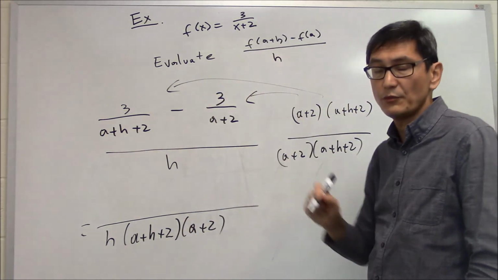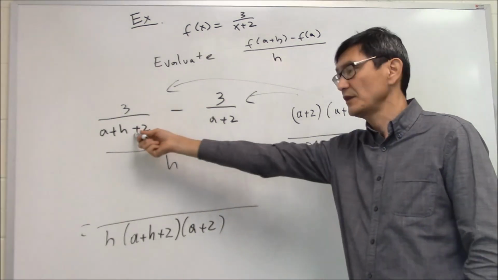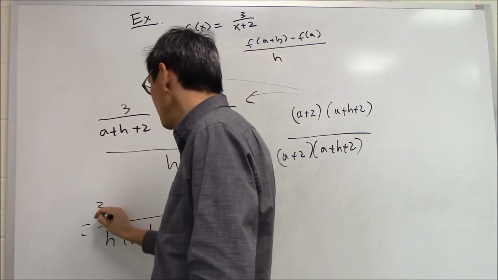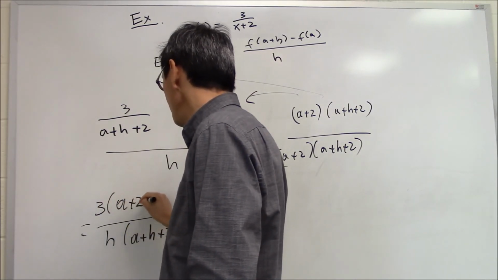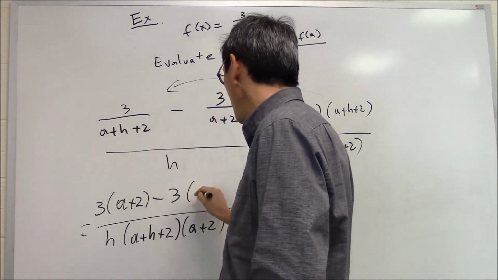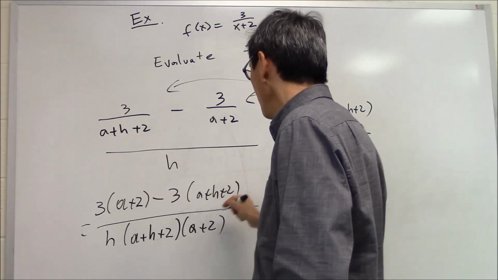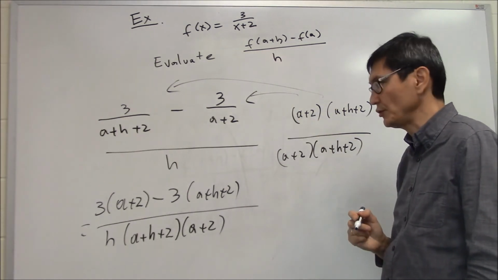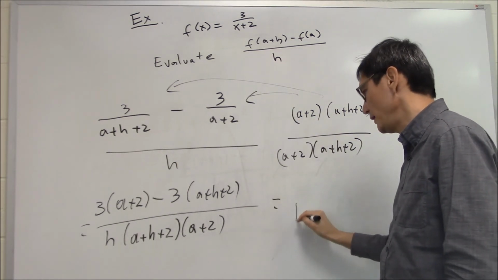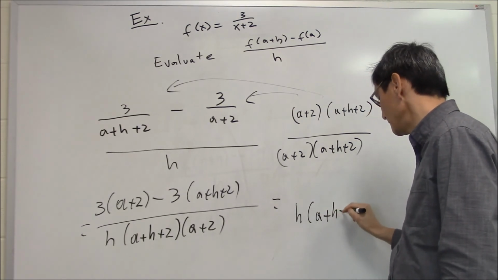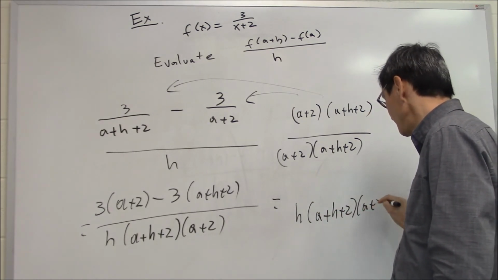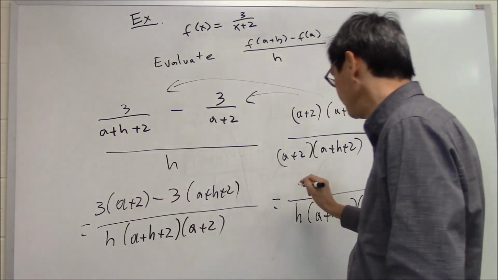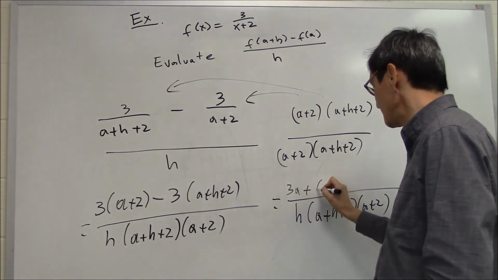On top, after distributing the multiplication, a plus h plus 2 and a plus h plus 2 cancel out. So the first term becomes 3 times a plus 2 minus 3 times a plus h plus 2. That is because a plus 2 and a plus 2 cancel out. I'm going to distribute 3: 3a plus 6.